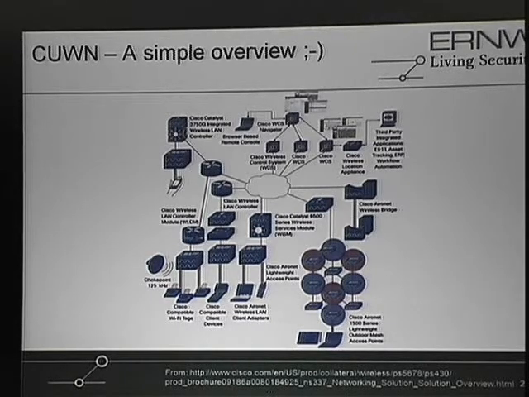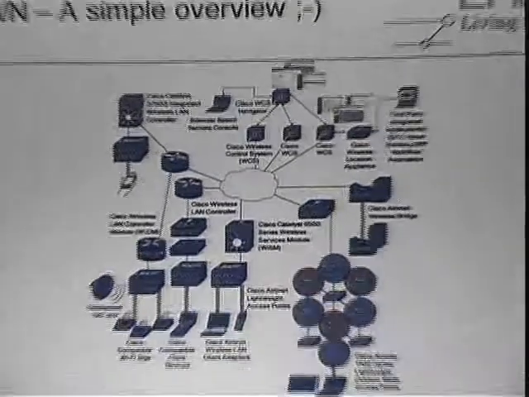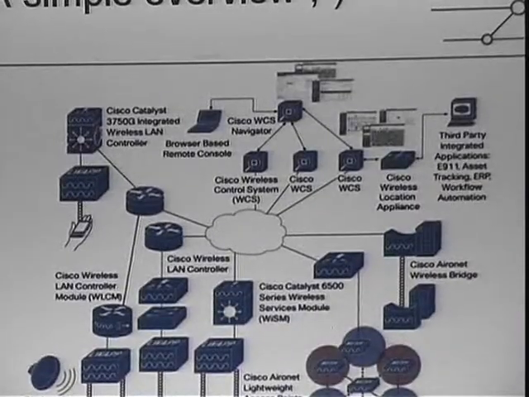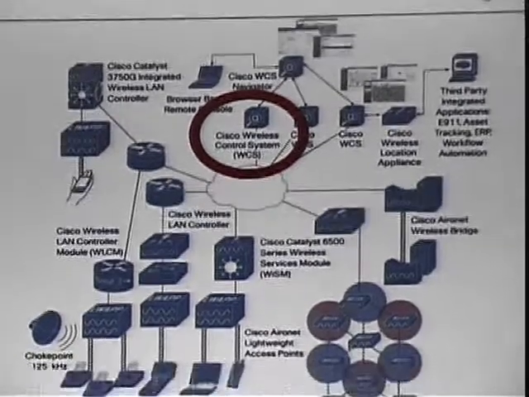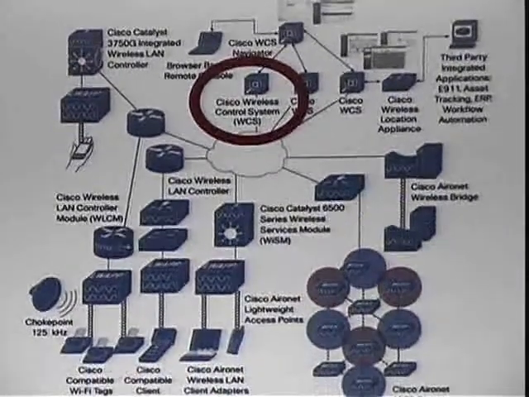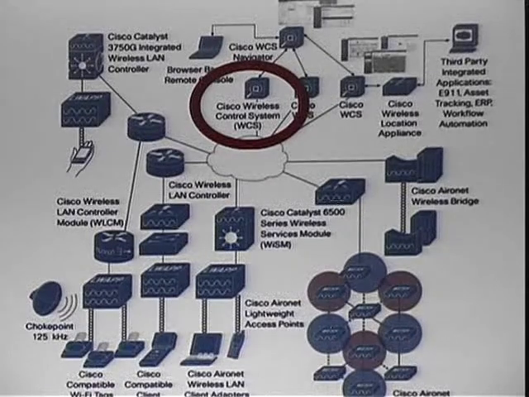This is a maybe simple, maybe not so simple overview of the whole picture in the latest generation, Cisco Unified Wireless Network. The interesting points here are the wireless LAN controllers. Those are the devices deploying configurations to access points.